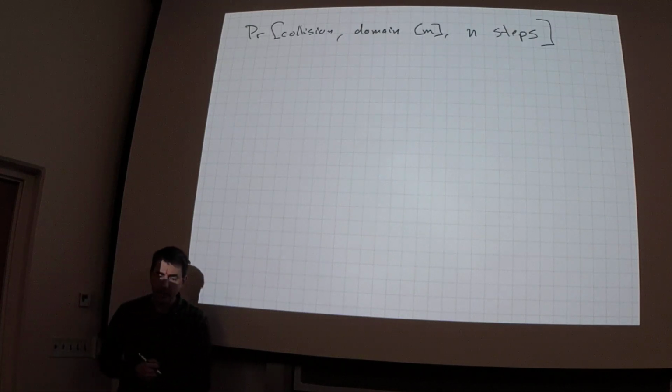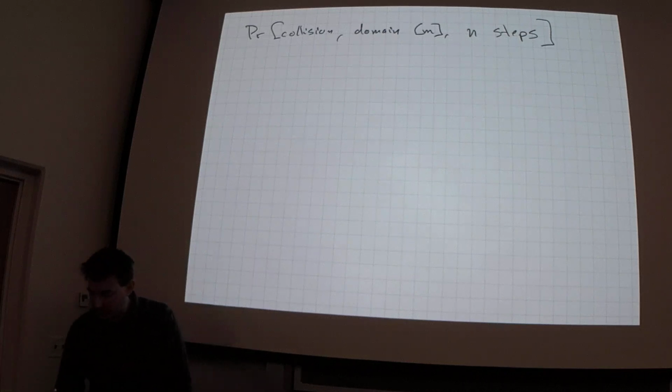I want to say the probability of a collision on a domain M after n steps. Let's start with n equals 1.